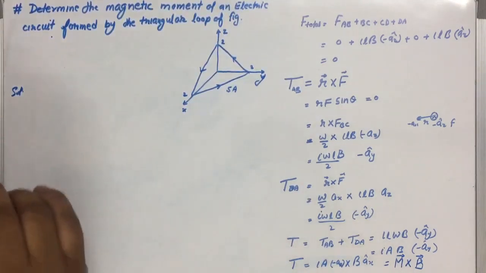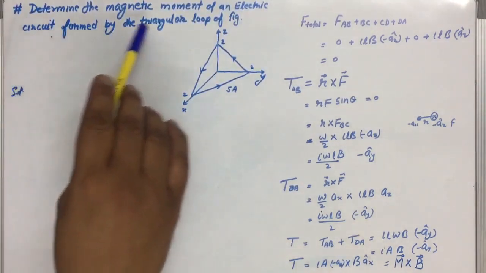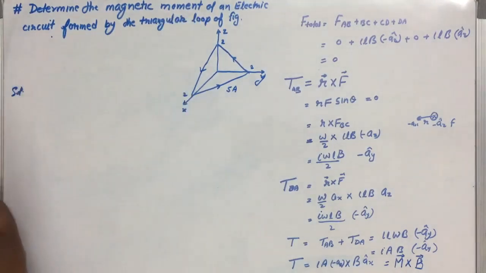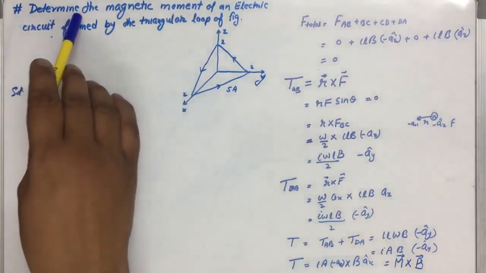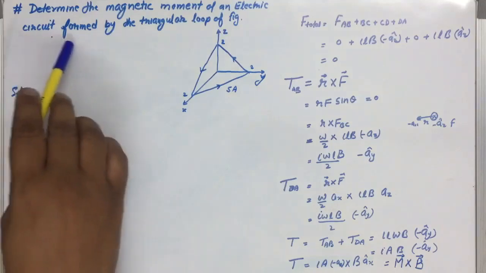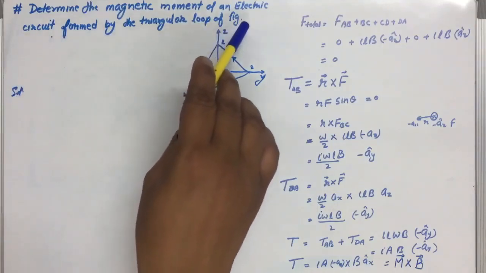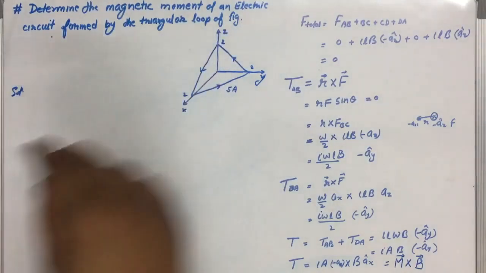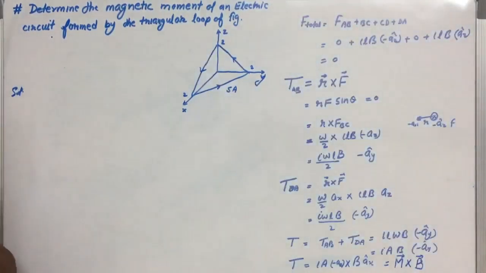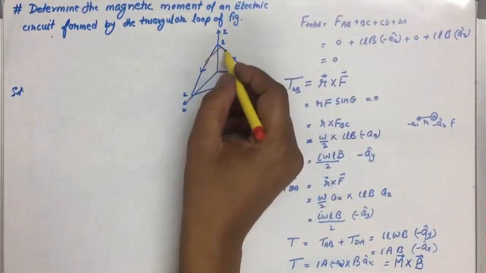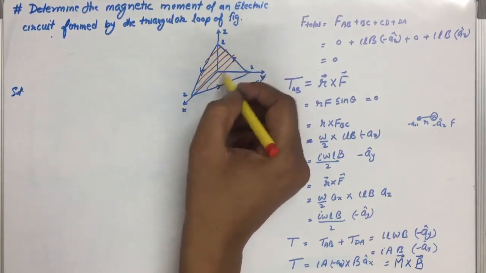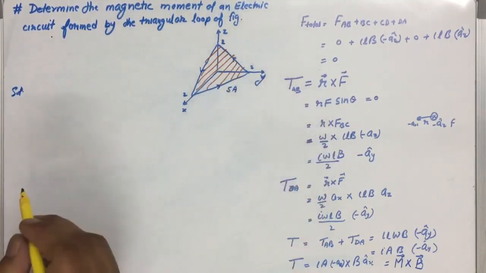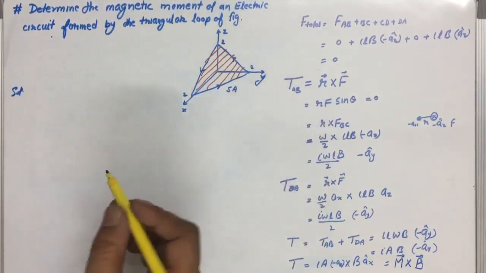Now let us solve one example to find the magnetic dipole moment. The problem is: determine the magnetic moment of an electric circuit formed by the triangular loop shown in the figure. So this is the loop. Now we have to find the magnetic moment for that.